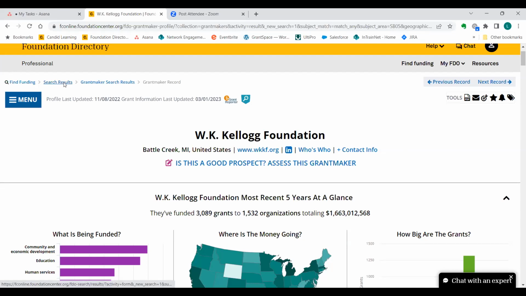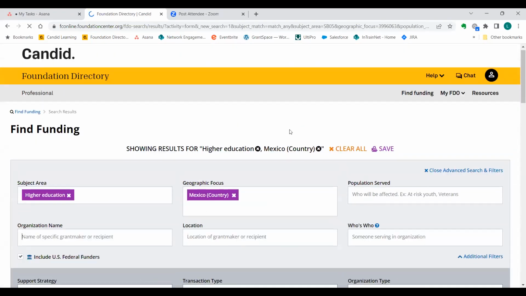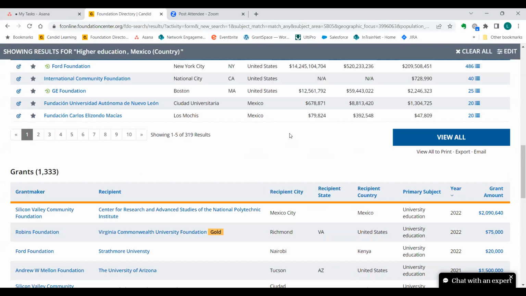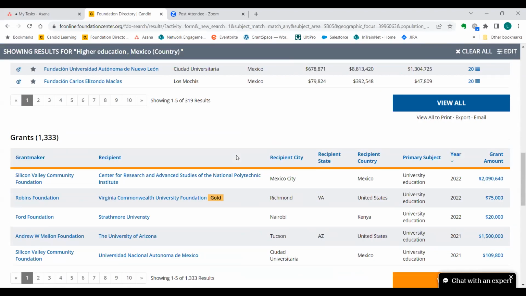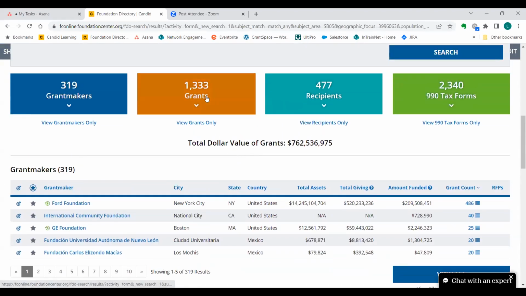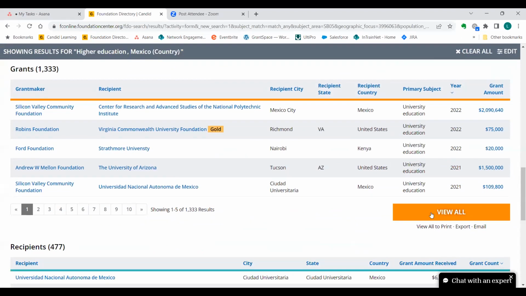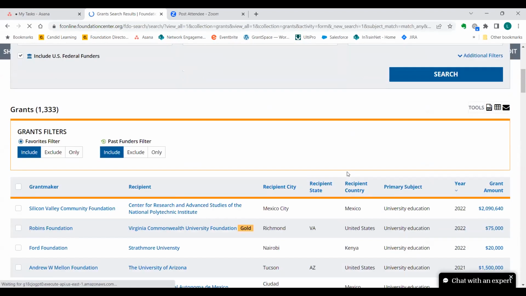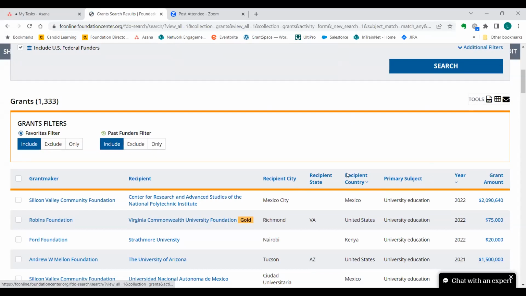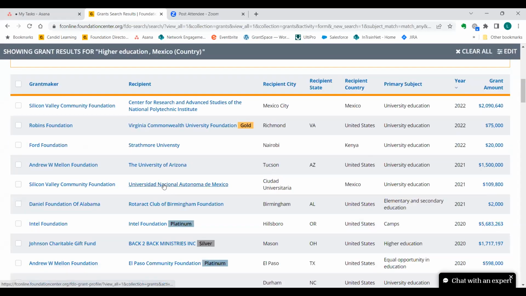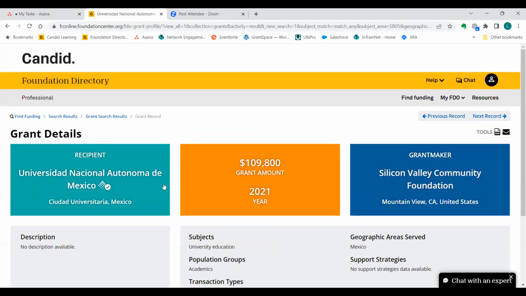Essential does not have the direct information about grants and about recipients. So for example, here in this search, you see we also have the outline of the grants. And by looking at the grants in particular, you can tell exactly, for example, this was a university grant from the Silicon Valley Foundation.